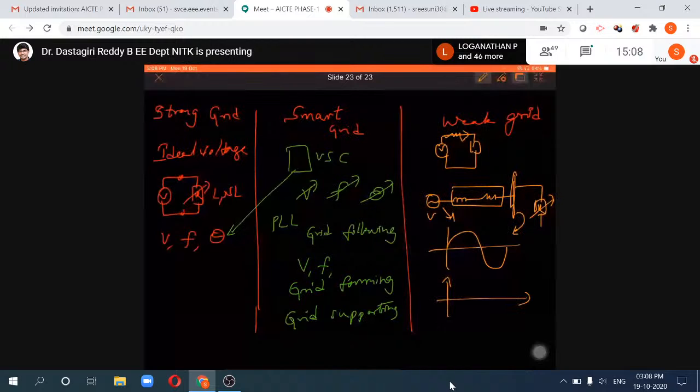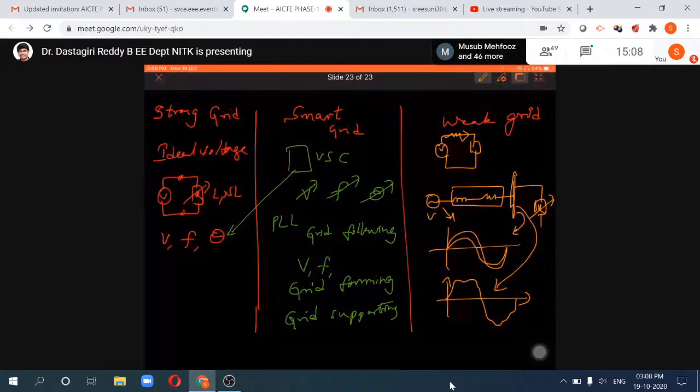If it is resistive, you get something like this. If it is a nonlinear load, then you get a disturbed voltage at this point. That is what is called a weak grid, or in simple terms, a grid with a huge impedance in series with the source, or a low short circuit ratio, less short circuit capability.